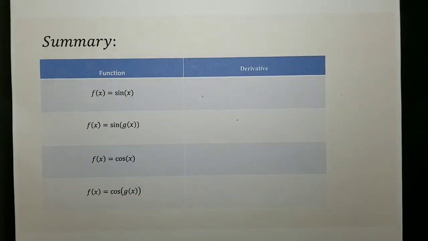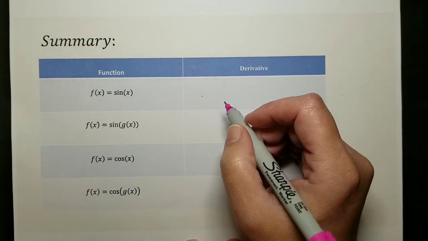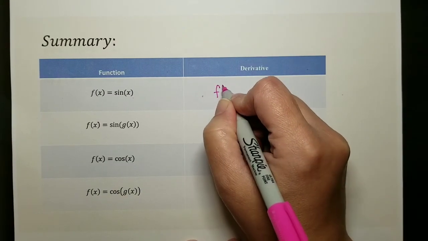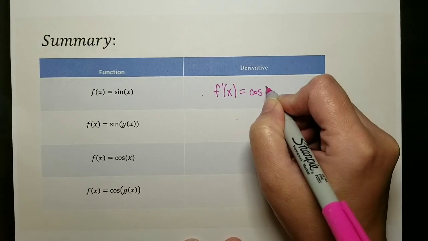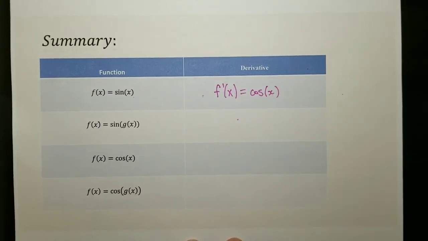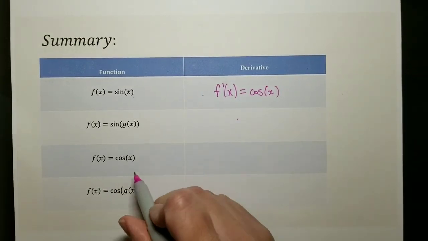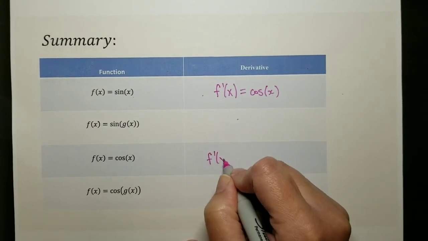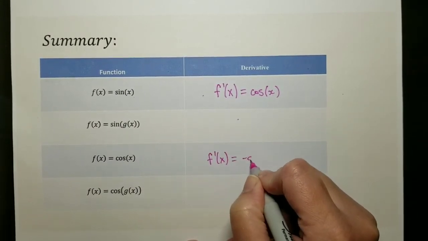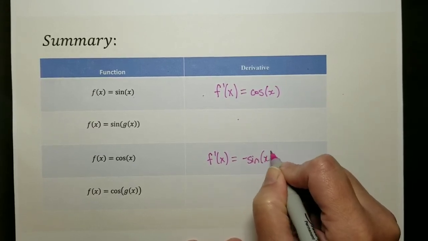So we'll summarize that. If f at x equals sine x, the derivative, f prime at x, equals cos x. And if the function is cos x, the derivative, f prime at x, is negative sine x.